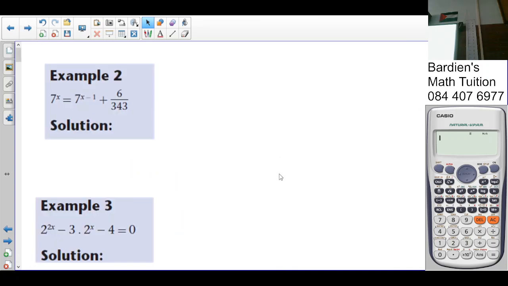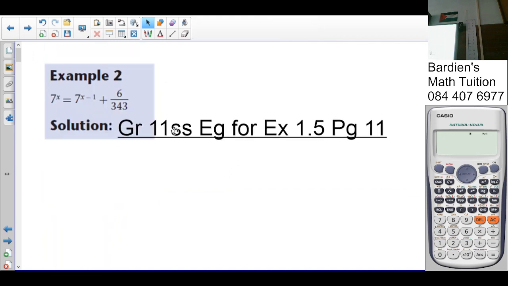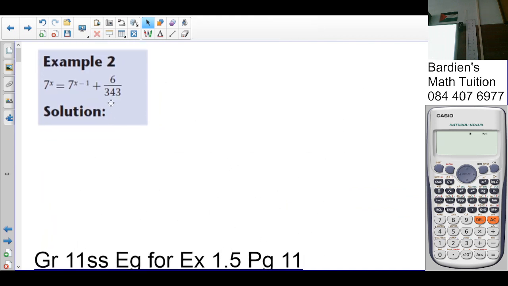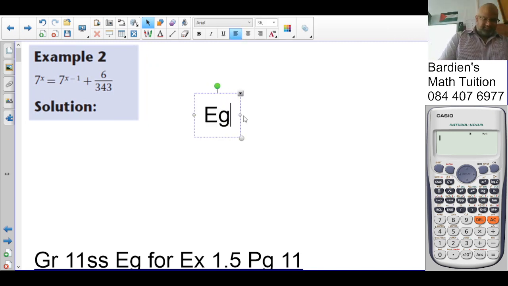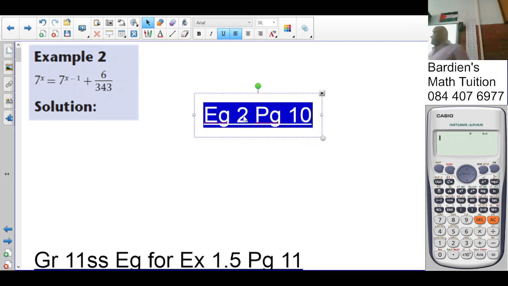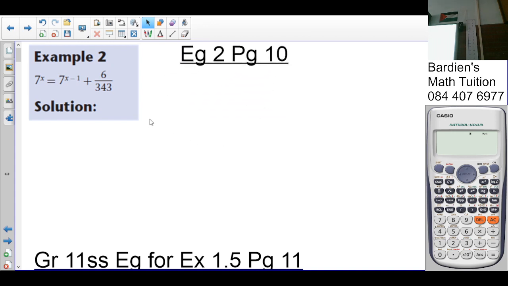Now we're looking at example 2, and example 2 is on page 10. So here we again need to solve for x.